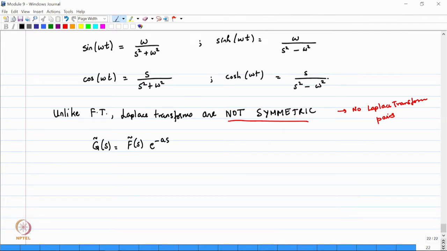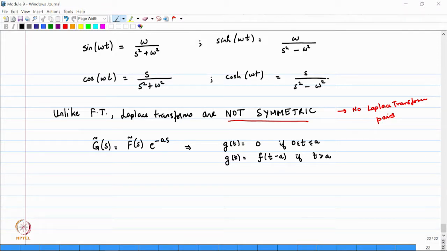Then what does the inverse transform of this look like? So, this implies g of t equals 0 if t is less than a, that is, if 0 is less than or equal to t less than or equal to a, and g of t is equal to f of t minus a if t is greater than a.